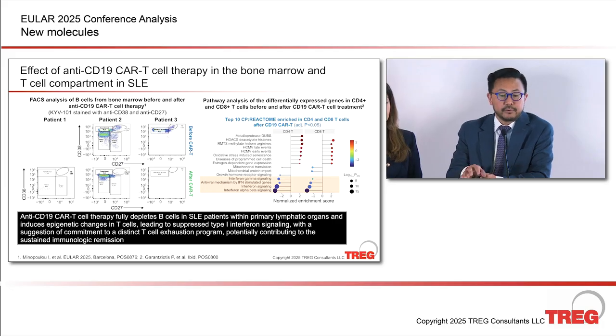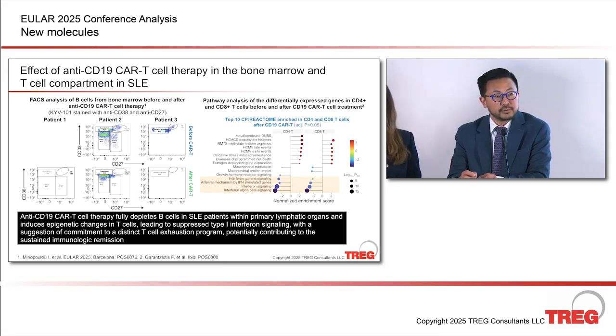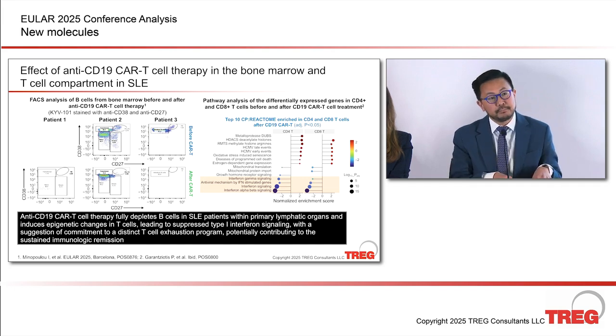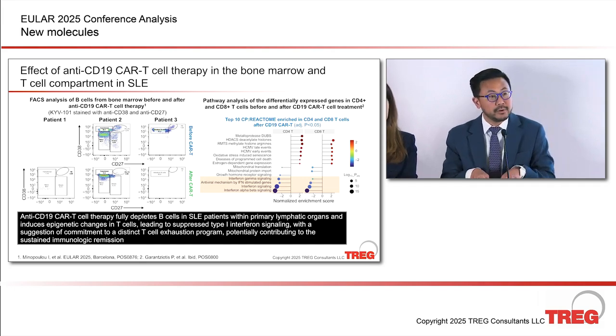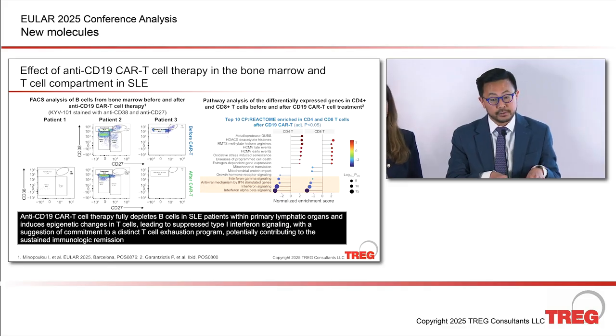I want to focus on the bottom flow cytometry plots. This is post CAR T cell. You can see in 2 of the patients that most of the B cells are gone. Maybe there's some early repletion in patient 1. But the really important example here is patient 2. There is almost full repletion, but the B cells there are not the same B cells as before. They are all naive. So now we have tissue level evidence that B cell resetting may be occurring there too, and most likely occurring in other tissues.